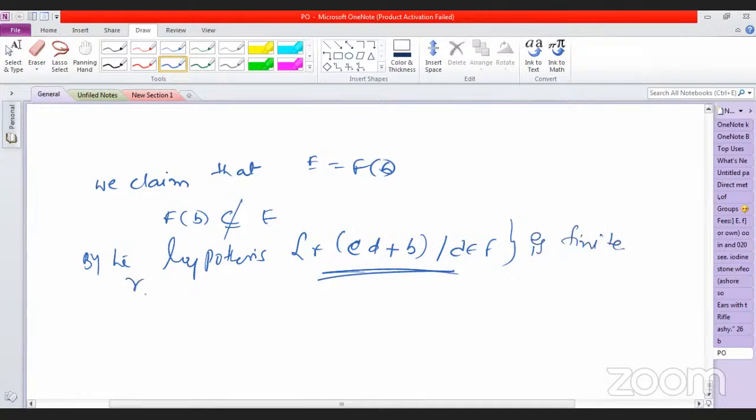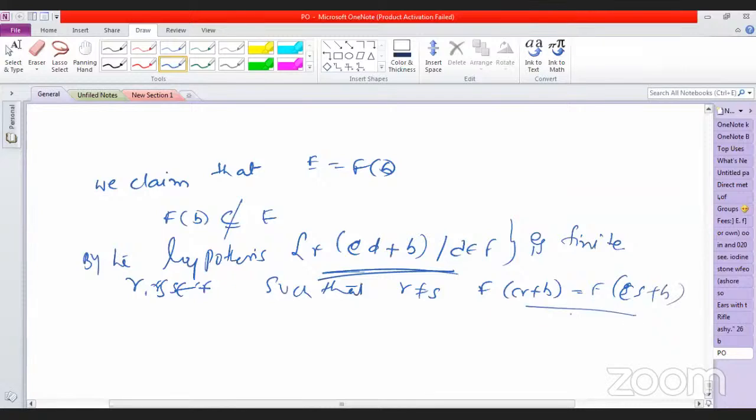So therefore R, S belong to F such that R not equal to S. So F of CR plus B is equal to F of CS plus B. We can write it or not? In place of R equal to S, we can write here.